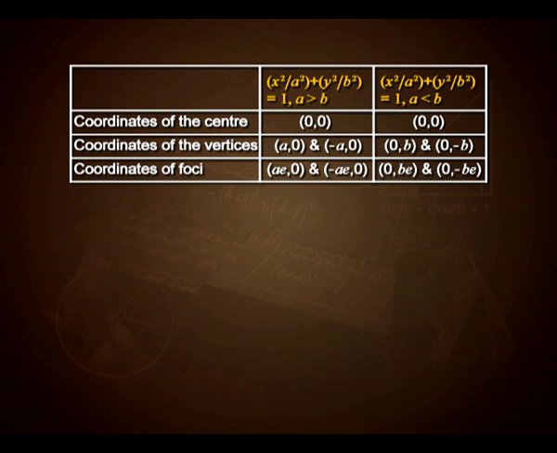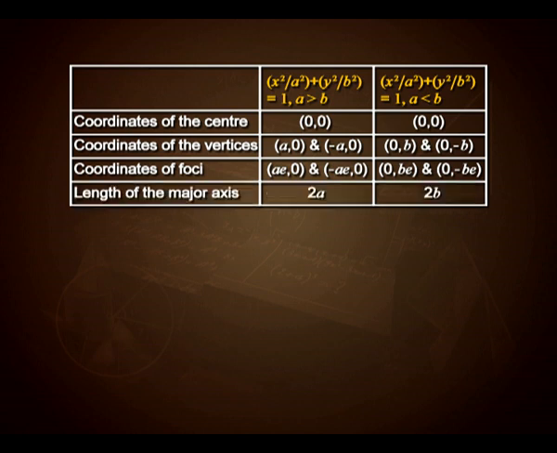For the first case, where a is greater than b, they are (ae, 0) and (−ae, 0). For the second case, x²/a² + y²/b² = 1, where a is less than b, the coordinates of foci will be (0, be) and (0, −be).